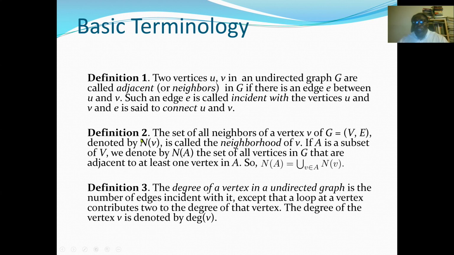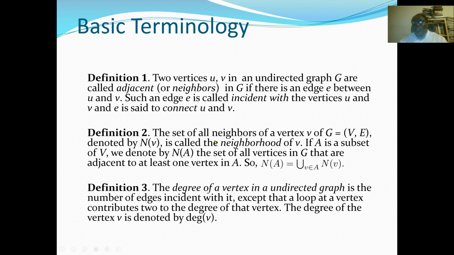Our second definition here: we have a set of all neighbors. Now we know what neighbors means. Either adjacent or neighbors means we have vertices that are connected together by the same edge.